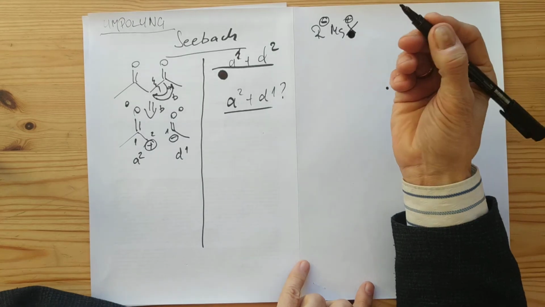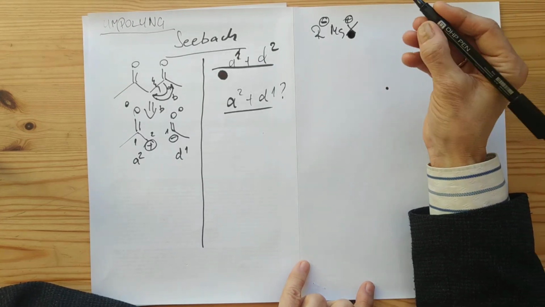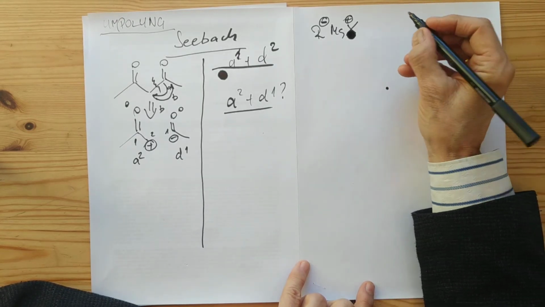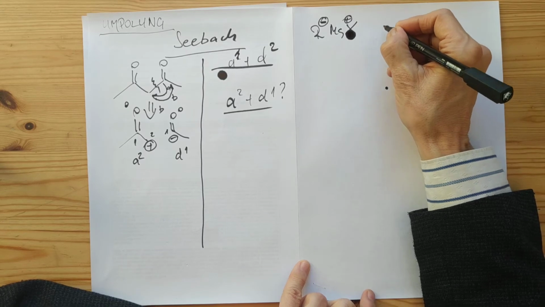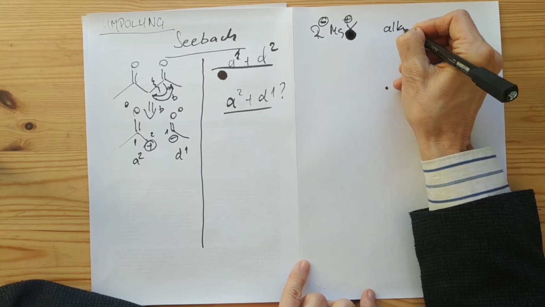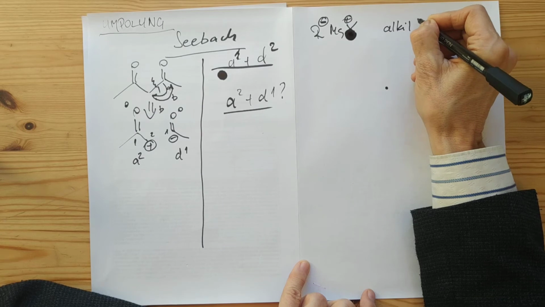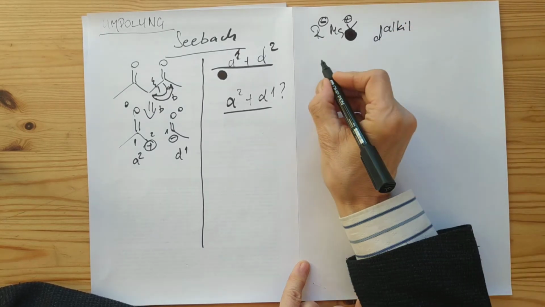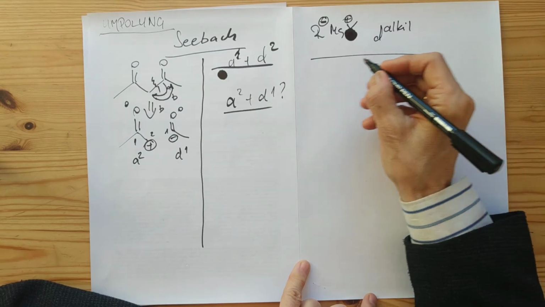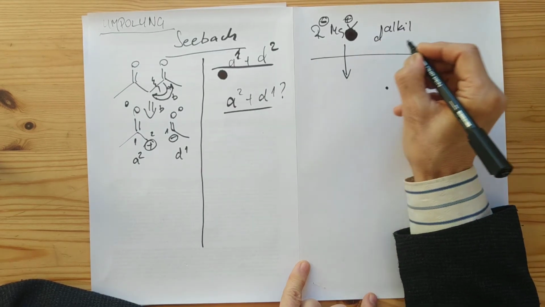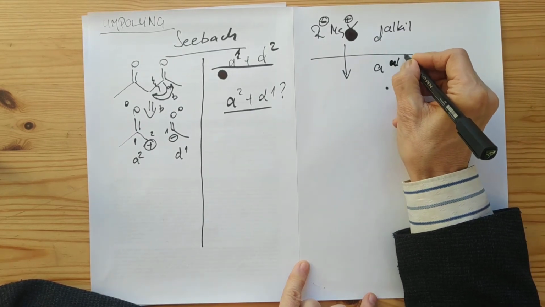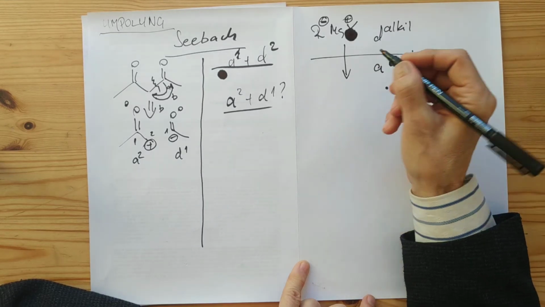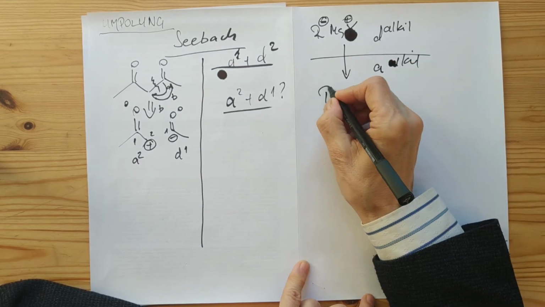And then of course we will have here the donor alkyl group, and to change that, to convert that into acceptor alkyl, we need a different reagent.